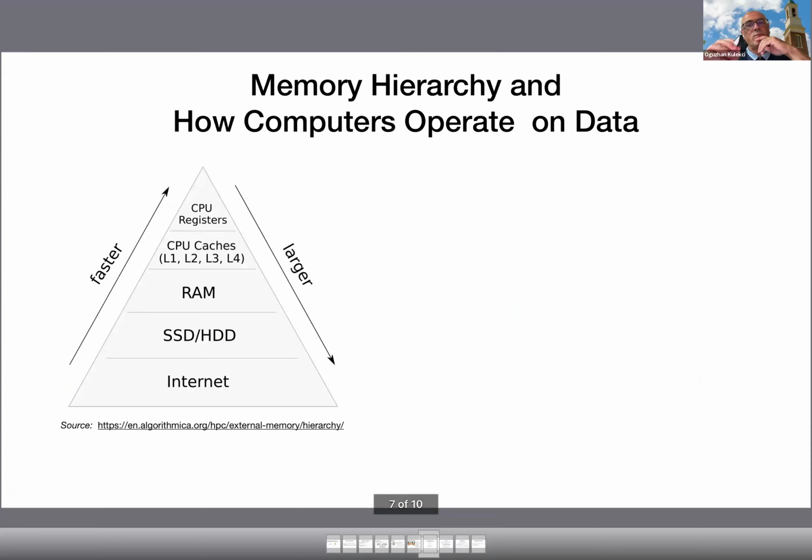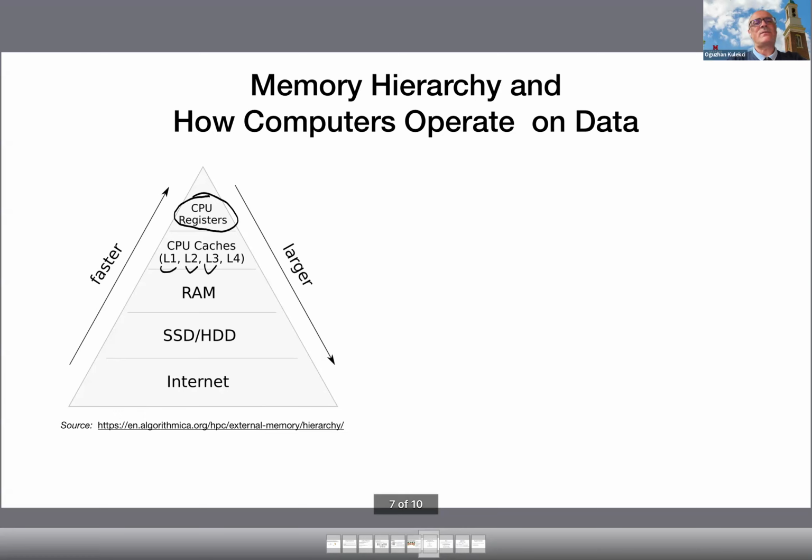Now let's focus more on how data moves between different levels of the memory hierarchy. Here you see the memory hierarchy. At the top, we have the registers, which the arithmetic logic unit can access directly. After the registers, we have L1, L2, and L3 caches.